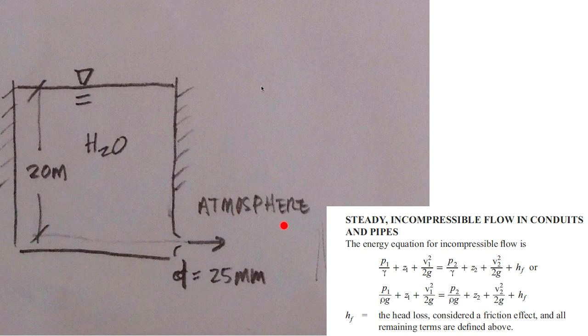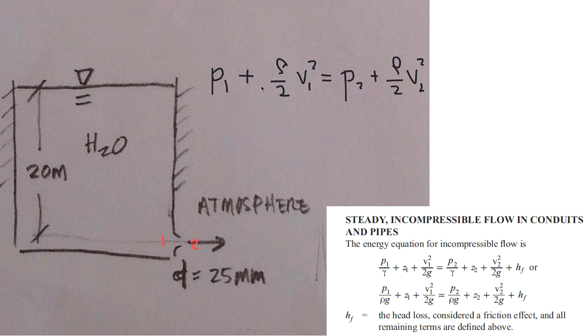So what we can do here is use the Bernoulli equation. Let's name these points. We'll call this point 1, we'll call this point 2. The pressure at point 1 plus the density over 2 times velocity 1 squared is equal to the pressure at point 2 plus density over 2 times velocity at point 2 squared.